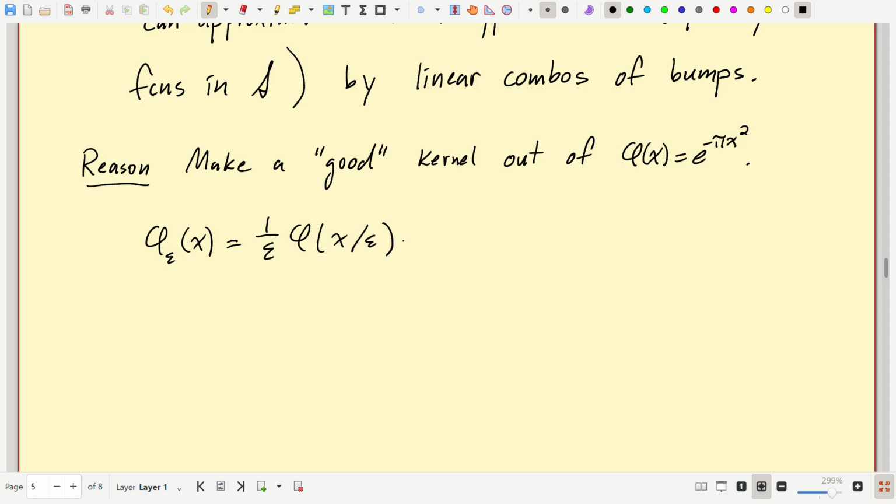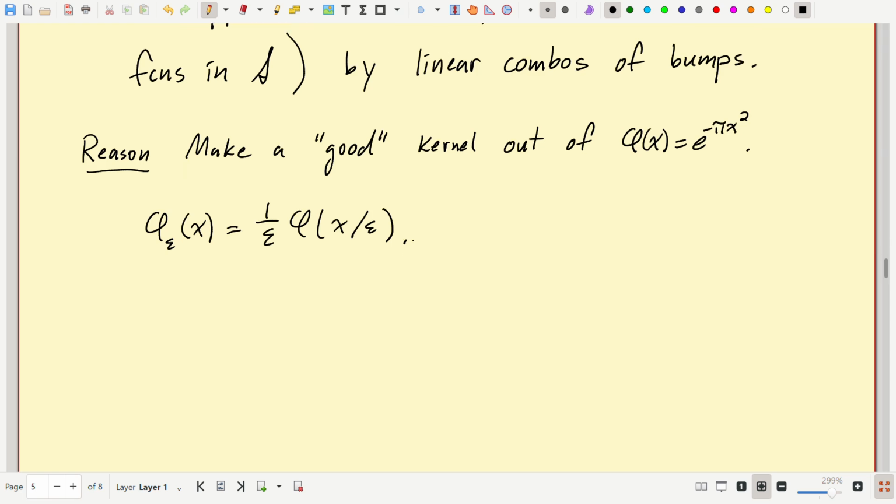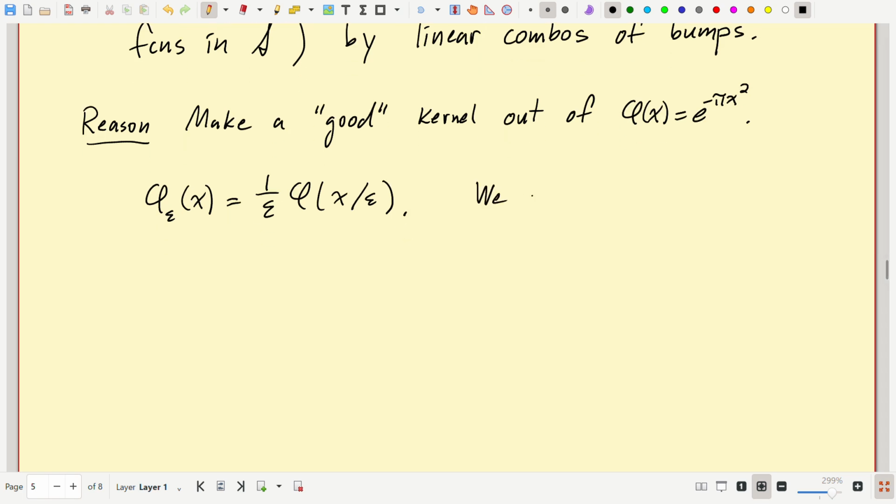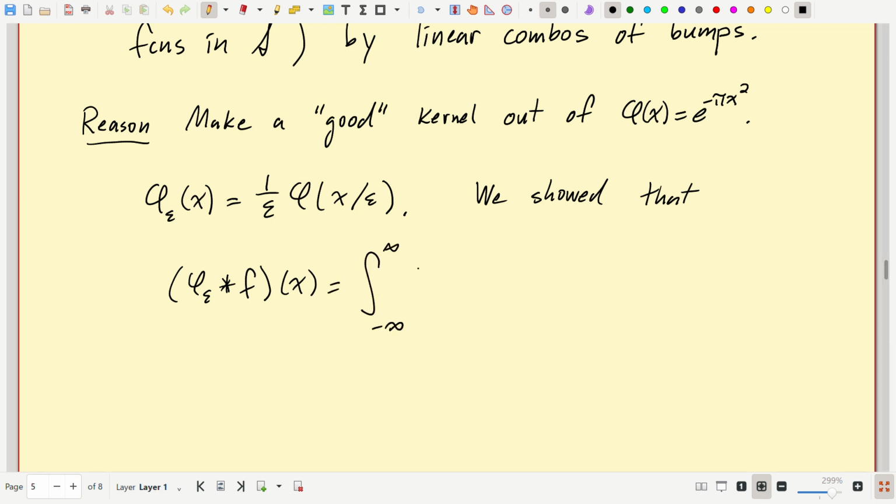And recall, we did the good kernel business to show that when you convolve phi epsilon with a function, remember that stood for the integral from minus infinity, the bump shifted a little bit, f of t dt. Didn't matter what order you did it in.